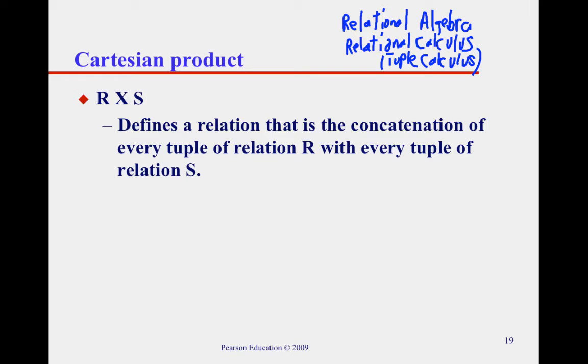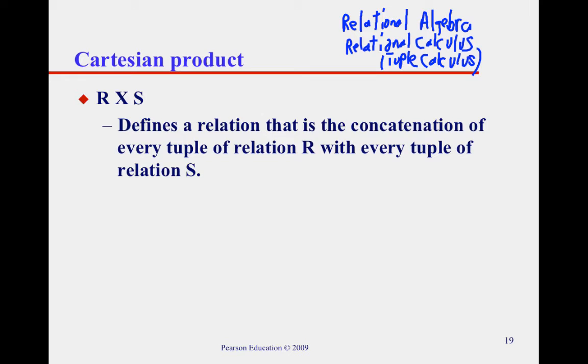We also talked about set intersection, which is a courtesy operation because it can be expressed in terms of set difference. Today, we're going to talk about Cartesian products, joins, and set intersection, which are the final 3 operations in the relational algebra. So Cartesian product is what hopefully you learned in 311.